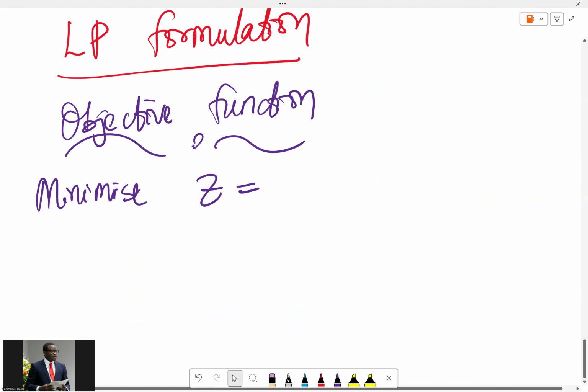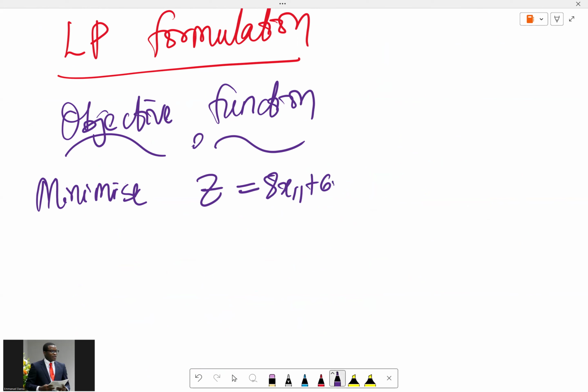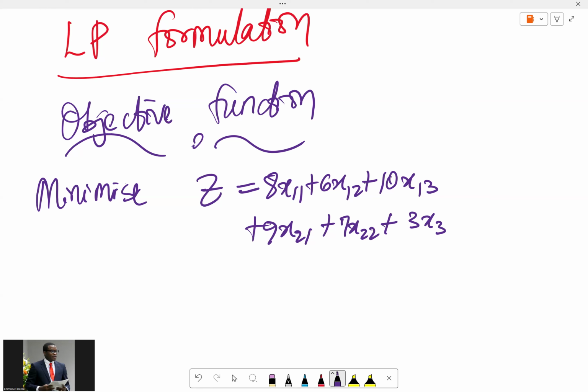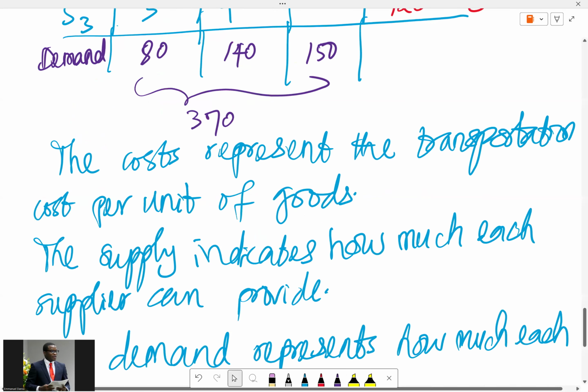So we want to minimize z, which is equal to 8x11 plus 6x12 plus 10x13, then plus 9x21 plus 7x22, just from the table like that.